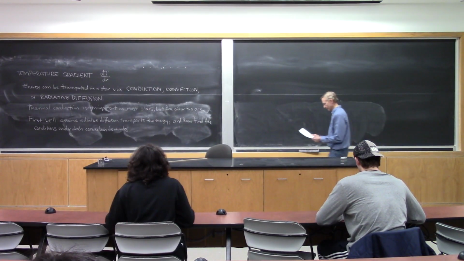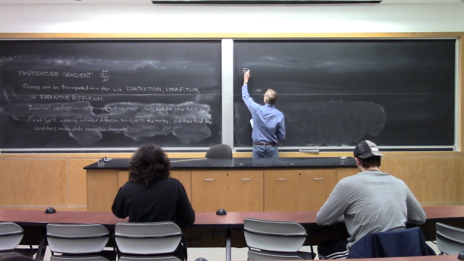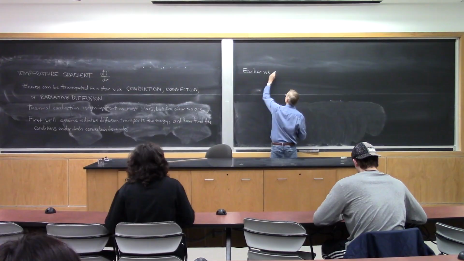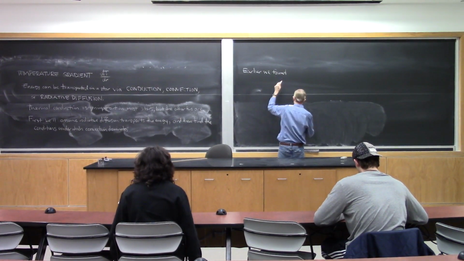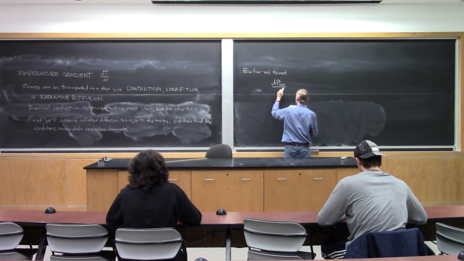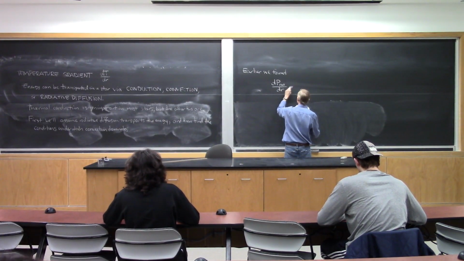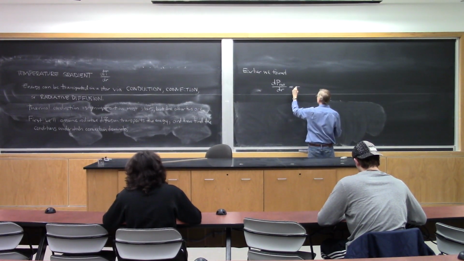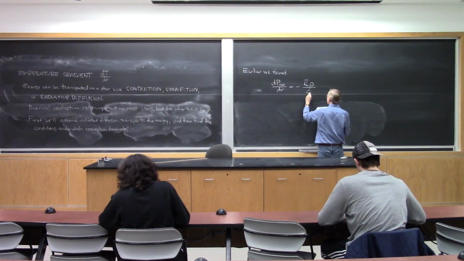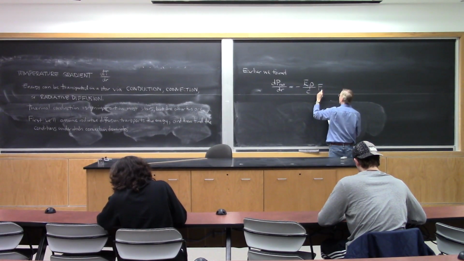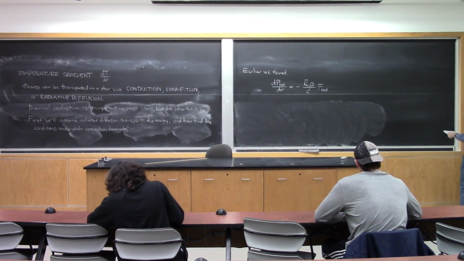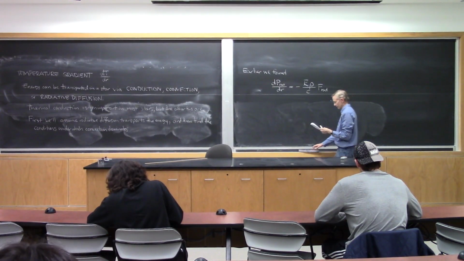Let's do this. Earlier, if you dig into the notes or in the text, we found the following: dP_rad/dr, the radiative pressure gradient, is equal to minus kappa bar, the mean opacity, times rho, divided by the speed of light, times F_rad, which remember is the net outward flux carried by radiation.